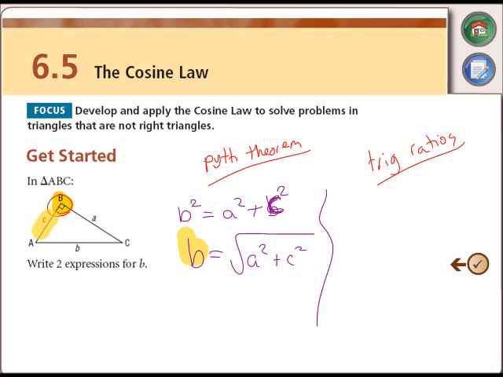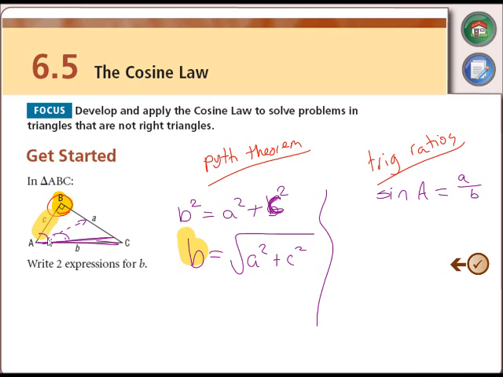Well, we could be using any of the ratios that have the hypotenuse as one of the sides. So either sine or cosine. So we're going to have sine of angle A is equal to, if we're talking about this angle, opposite over hypotenuse.